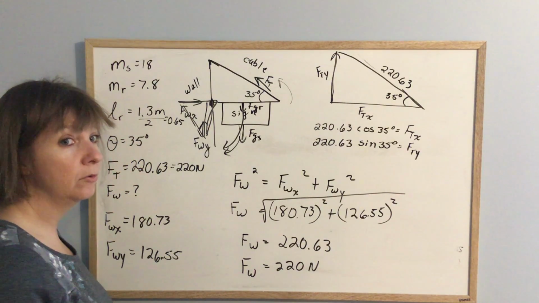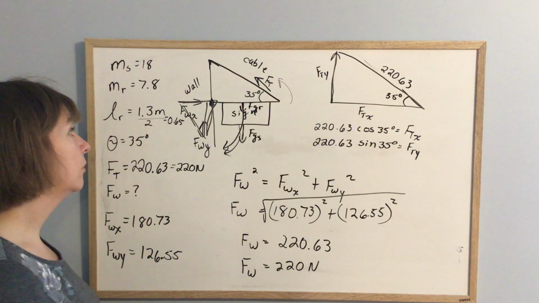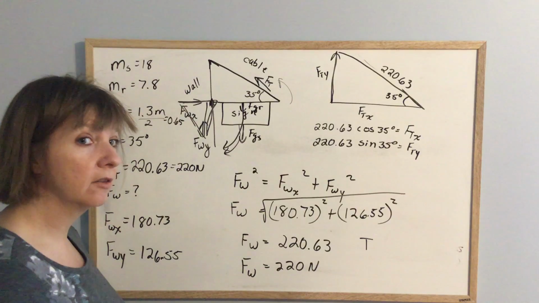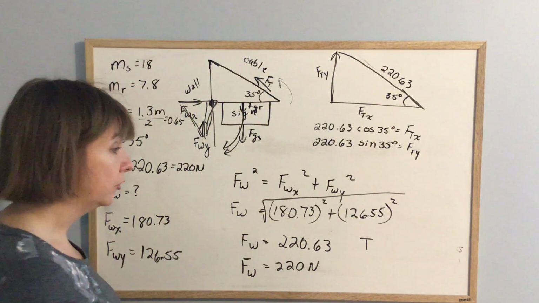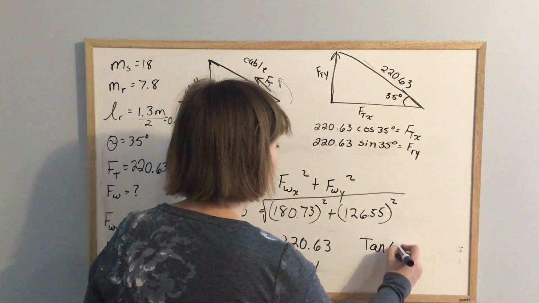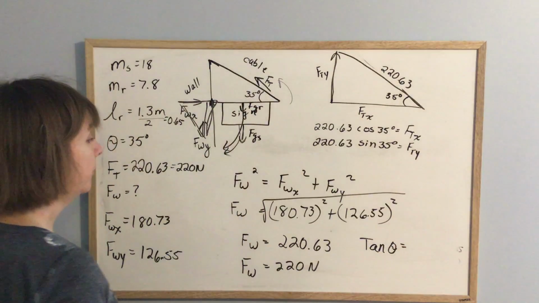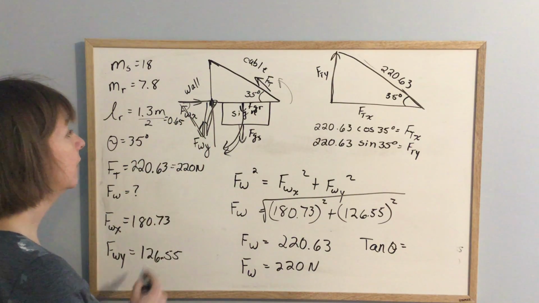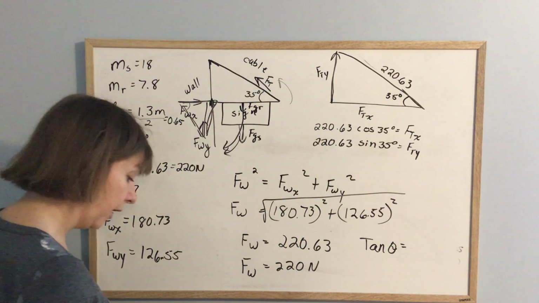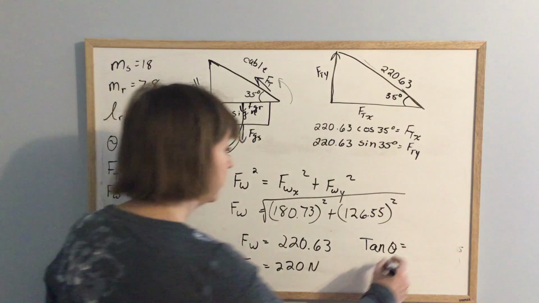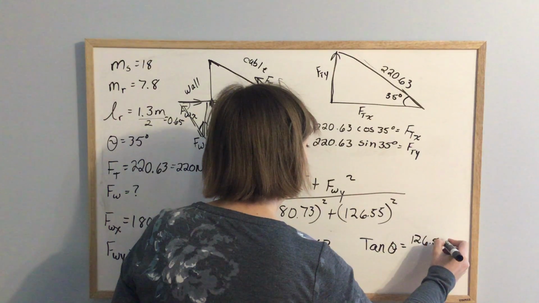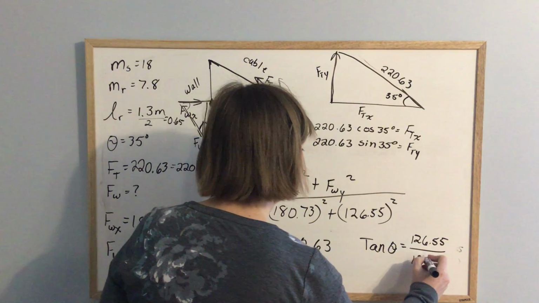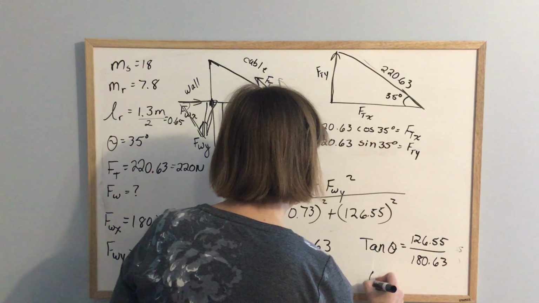Now I said you'll also need an angle for this. So the angle is always tan, because you figured out an x and a y. So tan of my angle is the opposite side, which is the y. Again, what you're finding is this angle. So it's 126.55 over the x, which is 180.63.